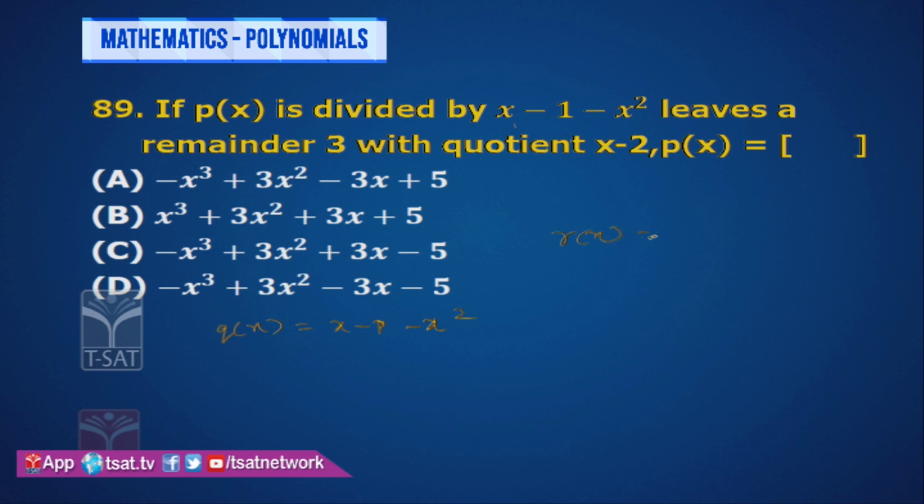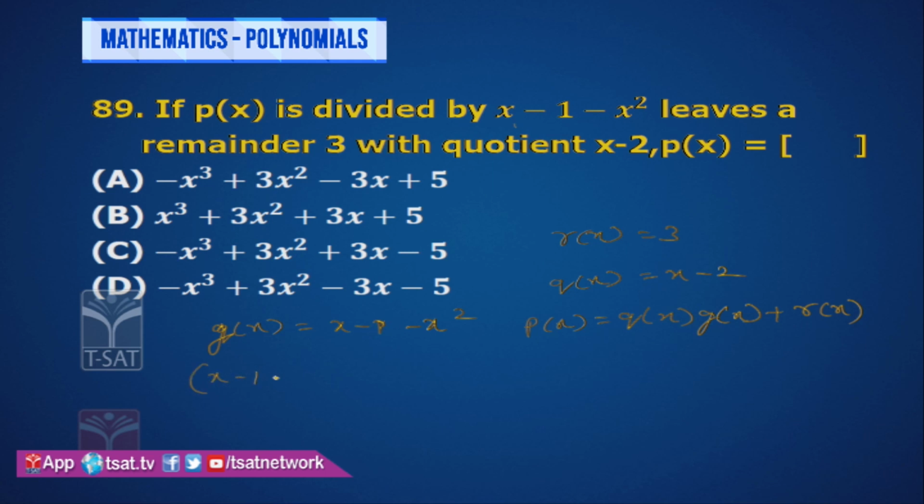R of x is 3, with quotient x minus 2. When you multiply these two and add the remainder, you will get p of x. That is p of x equals q of x into g of x plus r of x. So, multiply these two.